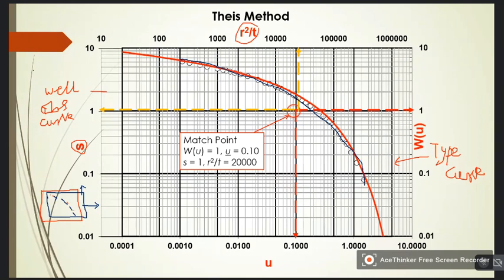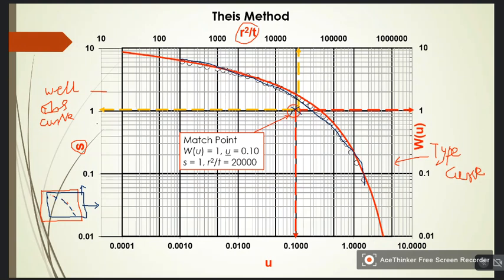So, in that position, select any convenient point. That point need not be a point on your type curve or on your field data curve. Any point. You see, here, this point is taken conveniently.